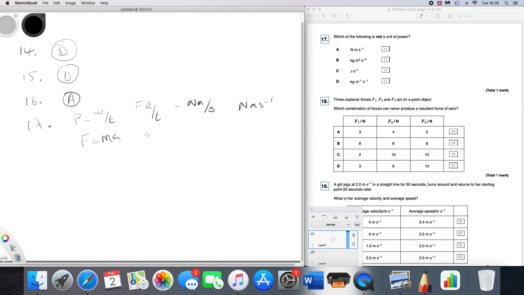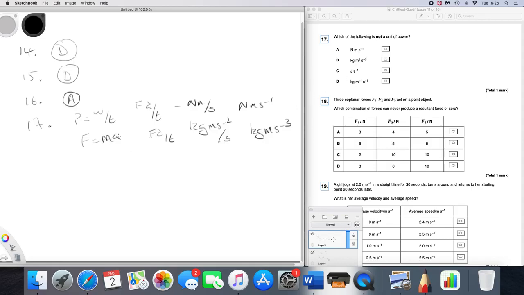So force times distance over time would be kilograms meters per second squared over seconds, kilograms meters seconds to the minus 3. Well, look, we haven't got meters squared. Are we right?